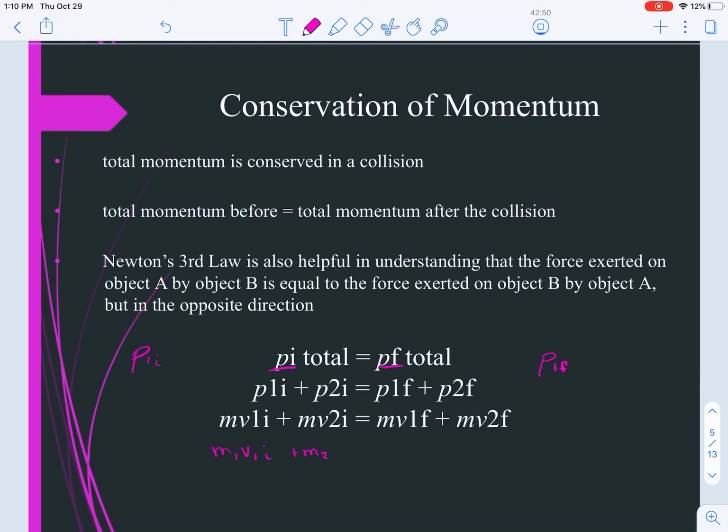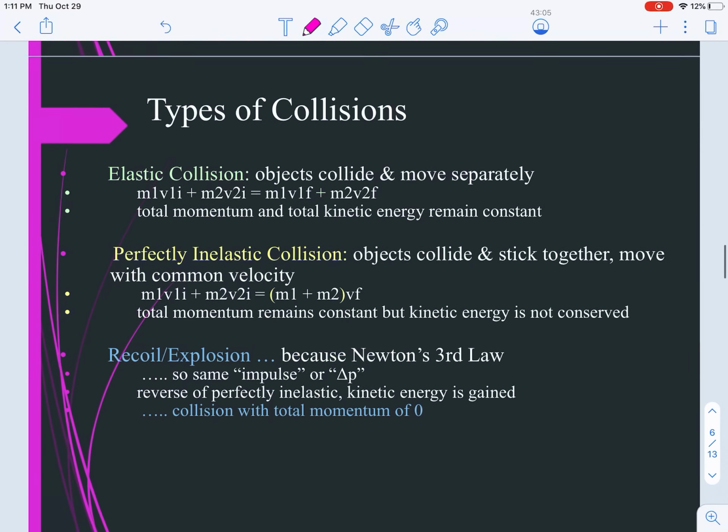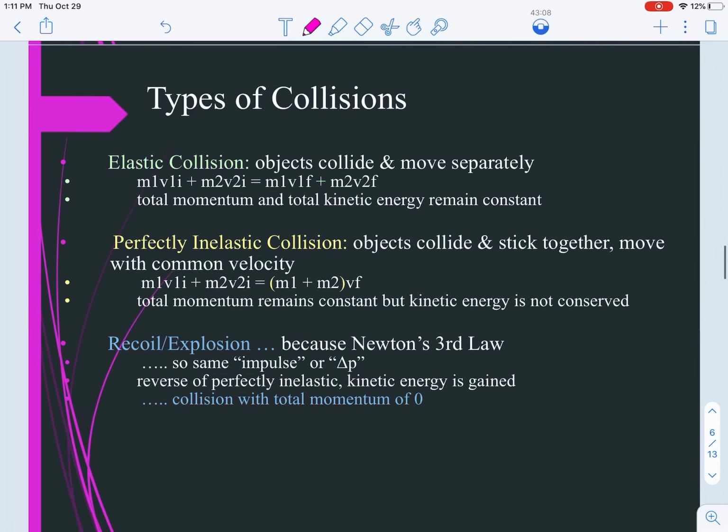This should be m1 v1 initial plus m2 v2 initial is equal to m1 v1 final plus m2 v2 final. Sorry, in the transfer of the electronic versions here, it doesn't copy those subscripts over correctly, but that's what it's supposed to look like.